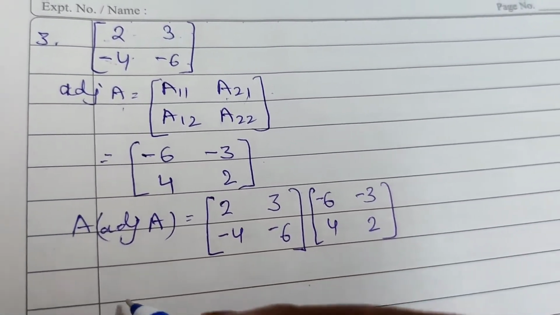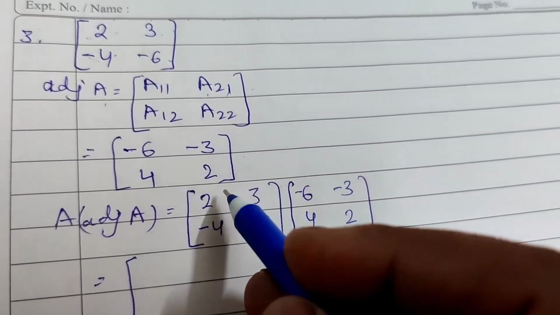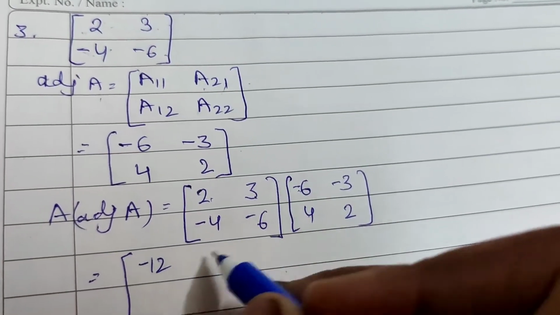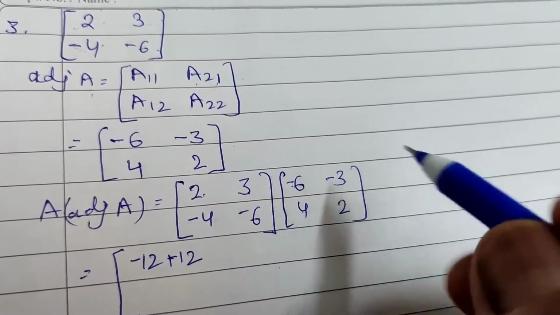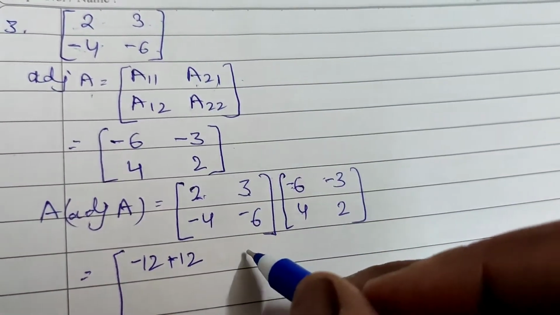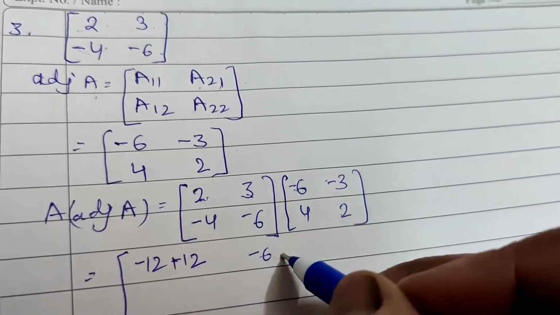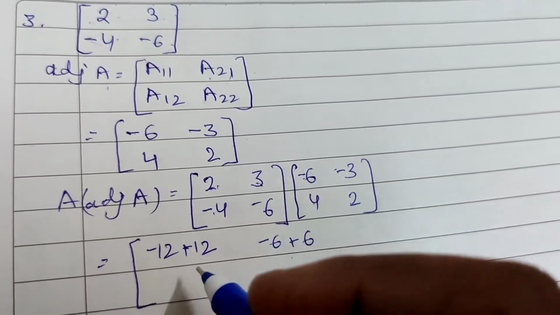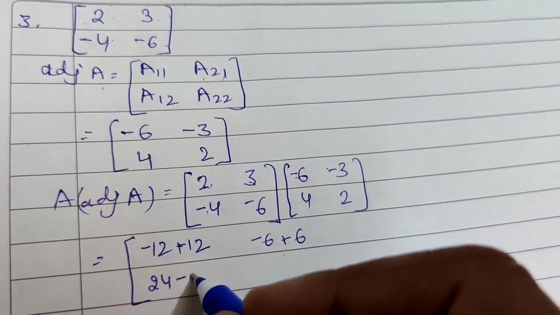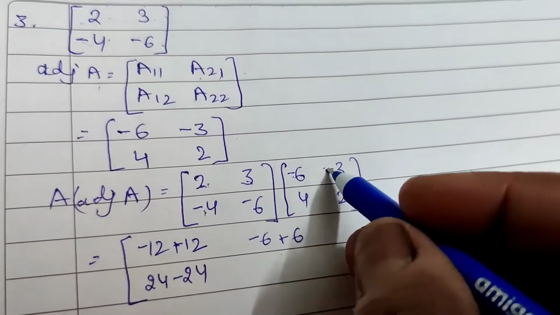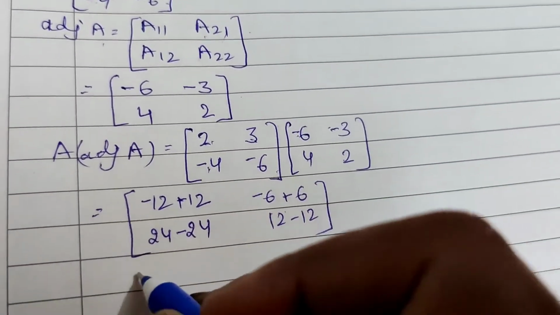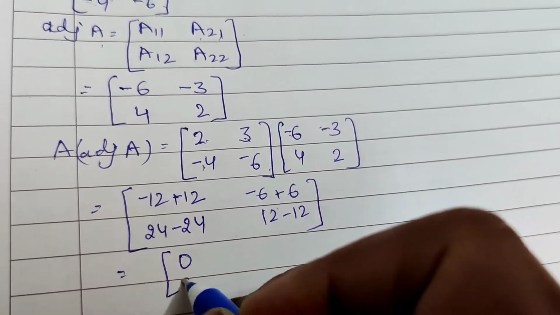Multiply these two matrices: 2 into minus 6 is minus 12, 3 into 4 is 12. Next, 2 into minus 3 is minus 6, 3 into 2 is 6. Minus 4 into 6 is minus 24 and 12 minus 12 gives 0. So it is 0, 0, 0.